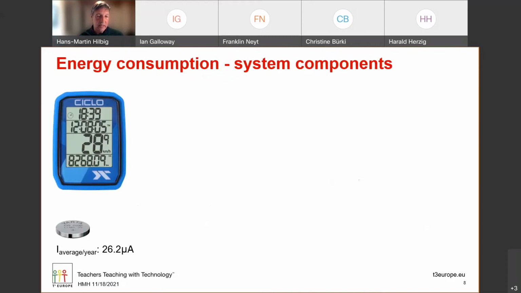I would like to examine what the individual parts of this bike computer are that contribute to this 26.2 microamp average current to make the coin cell last 1 year. The most obvious ones are the MCU, the microcontroller, which does all the computing, the conversion to drive the display, and maybe some mathematics.